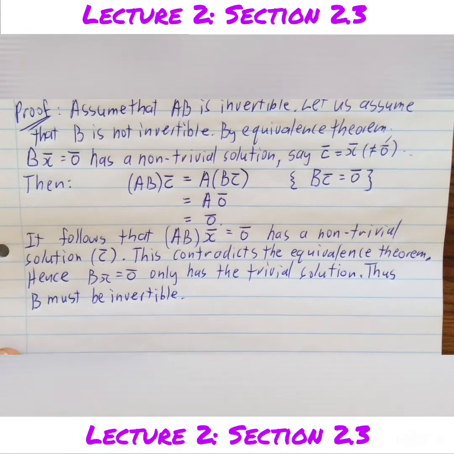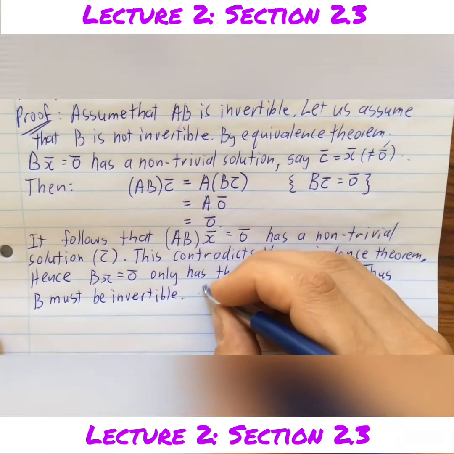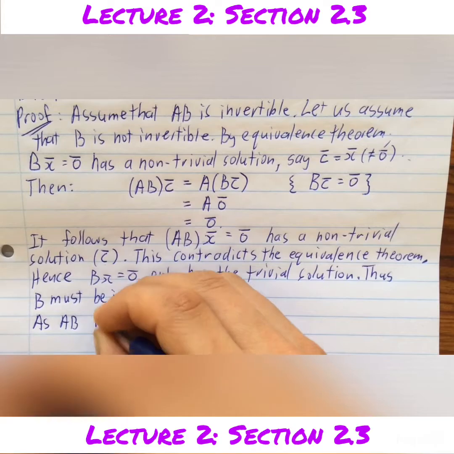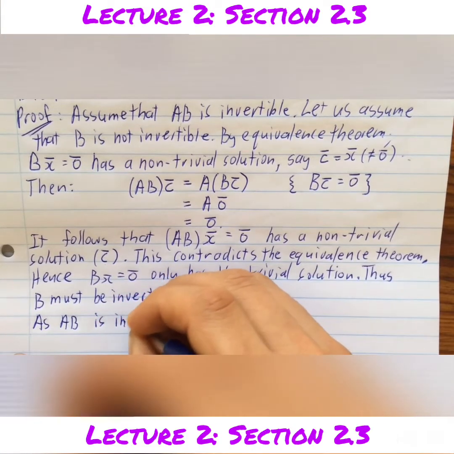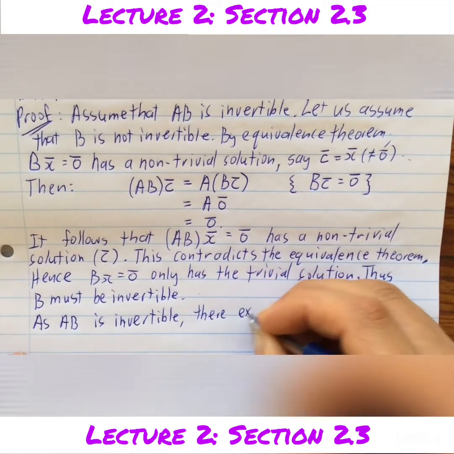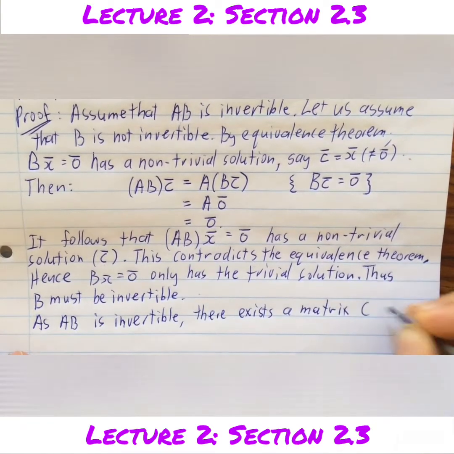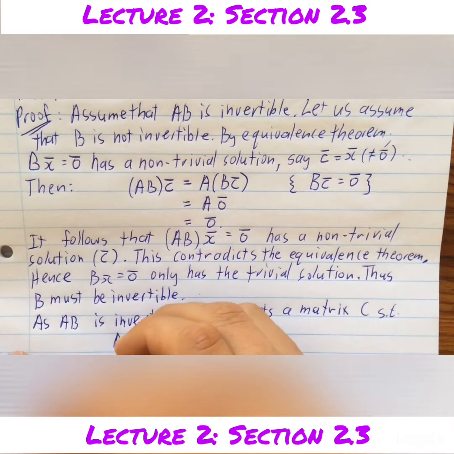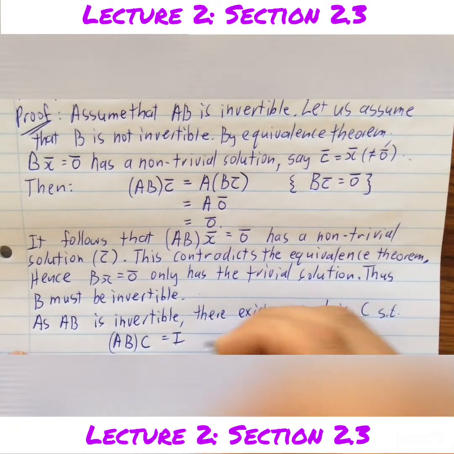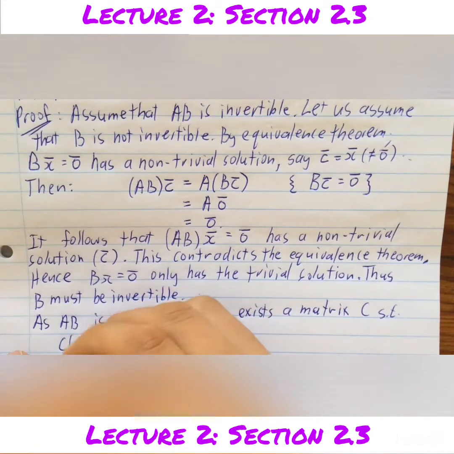We know that A times B is invertible. As A times B is invertible, there exists a matrix C such that C is its inverse, so that A times B times C is the identity matrix, and we also know that the reverse product must also hold.